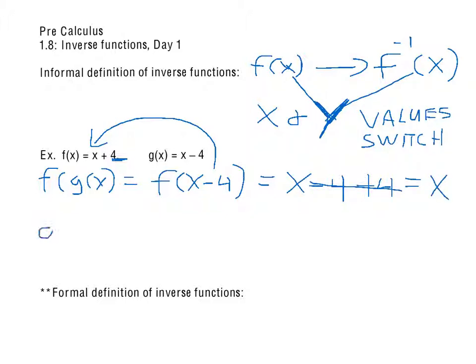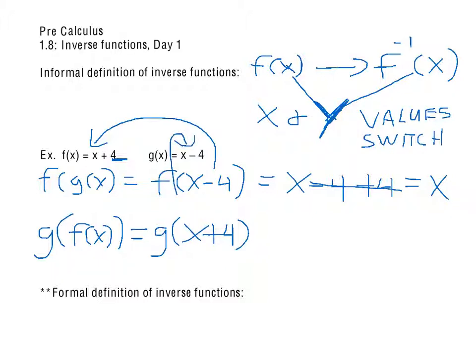GOF is g of f of x, which is g of x plus 4. Now this x plus 4 I'm plugging into this x right here. So it's x plus 4, and then I drop down this negative 4. You can see the same thing happens. The 4 and negative 4 cancel out, and it equals x.